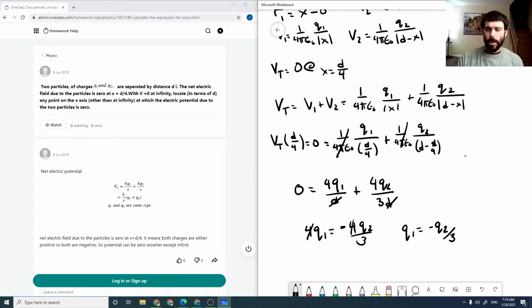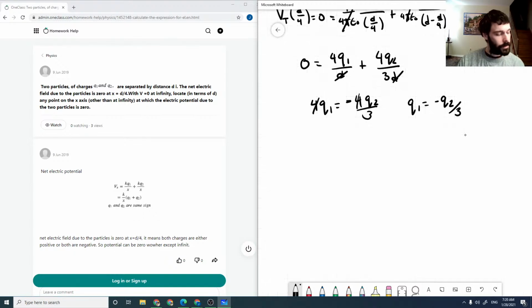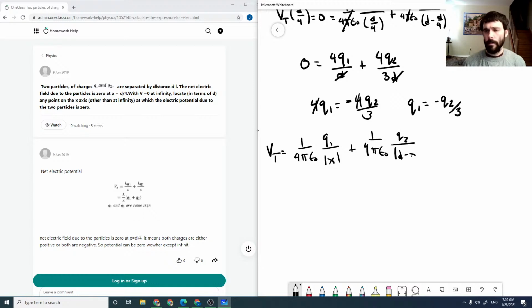So we've solved for our charges, or at least our charge ratios. And now if we want to know if it's 0 anywhere else, our V total is 1 over 4 pi epsilon naught q1 over x plus 1 over 4 pi epsilon naught q2 over d minus x.